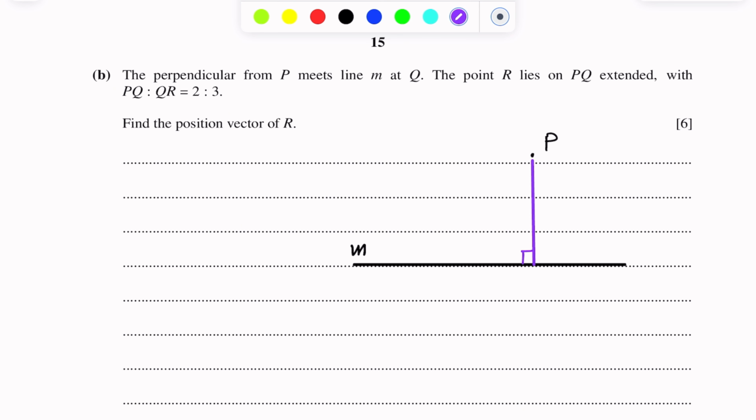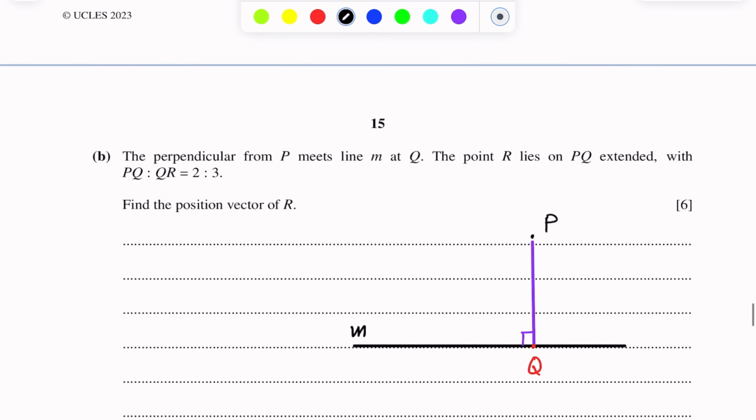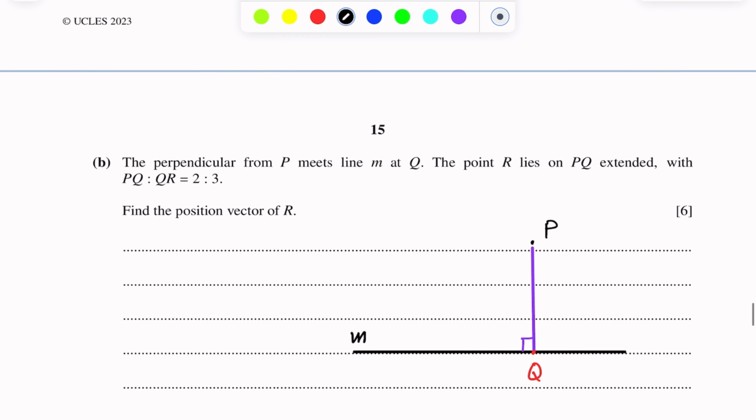This angle is 90 degrees. Let this point be Q. The coordinates of point P are given: 4, 7, minus 2.